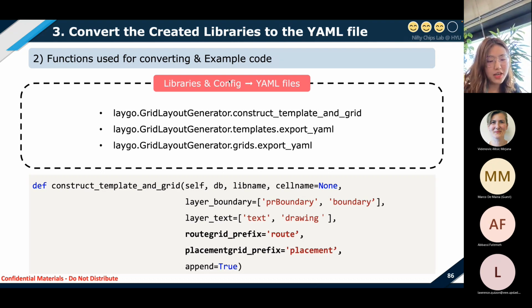And it shows why the naming rules for grids are important. To make grids and templates YAML file, LAYGO2 distinguishes between them by checking the name, route, and placement. A cell is classified as the routing grid if the first word of its name is route.